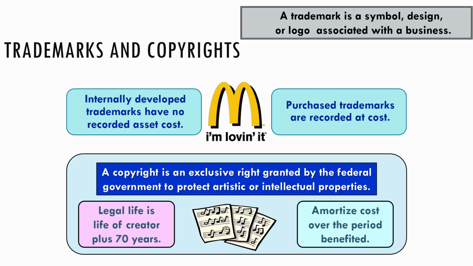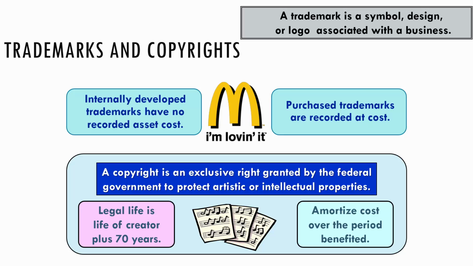So, how long does McDonald's expect to use this trademark? I think a better example would be Coca-Cola. Coca-Cola's trademark keeps changing. And if you'll notice Walmart, at one point Walmart was one word, at one point it was a dash, and at another point there was a star in between Wal and Mart. So these logos change with some businesses.